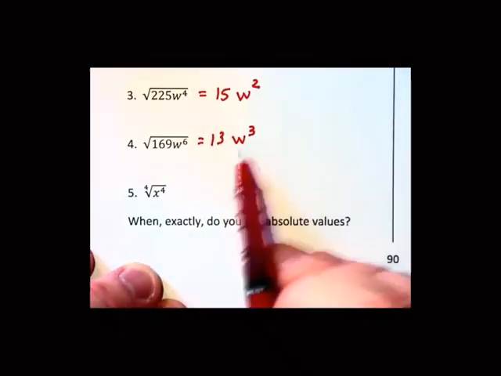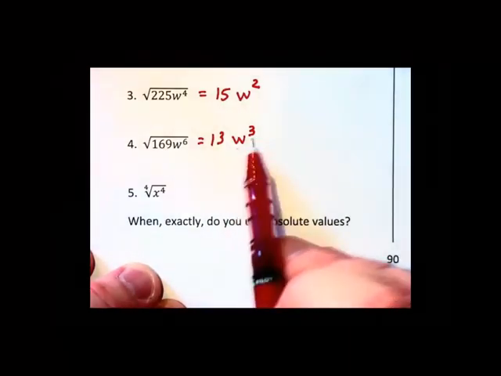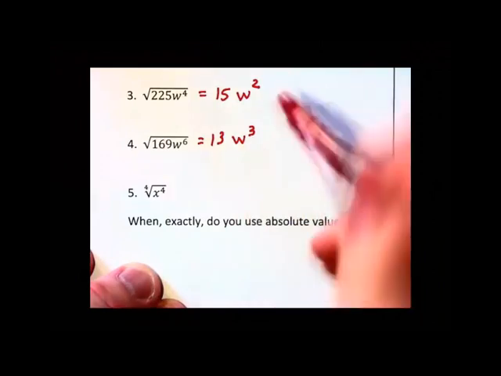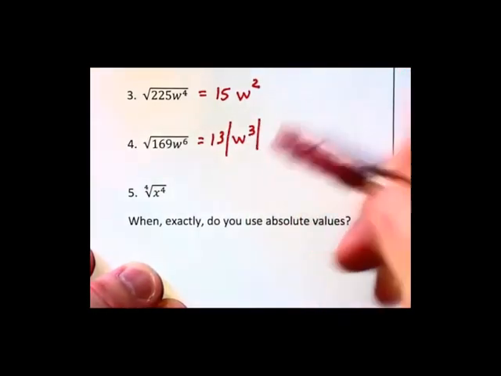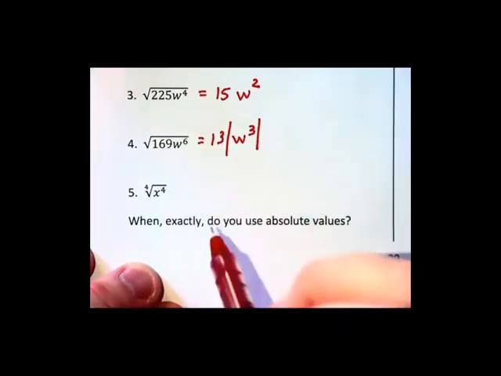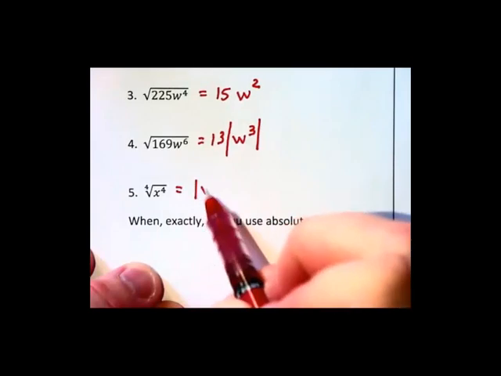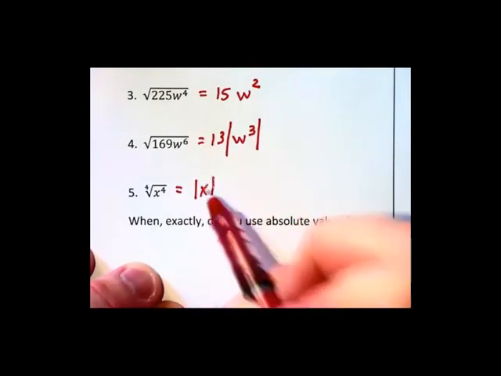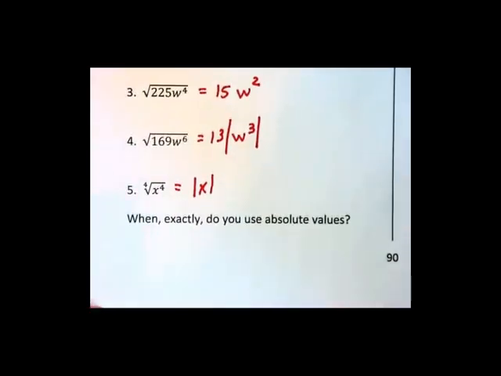Now, since this is an odd power coming out, we do not know whether this w to the 3rd is positive or not, and so we force it to be positive with absolute values. The 4th root of x to the 4th is also going to be the absolute value of x, because whatever comes out of an even indexed radical must be positive.